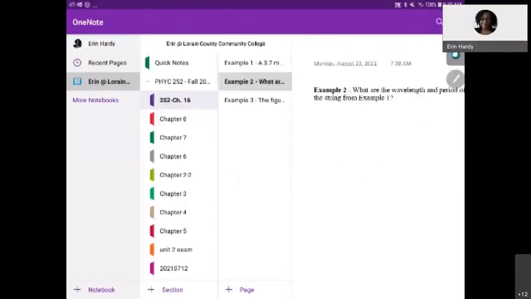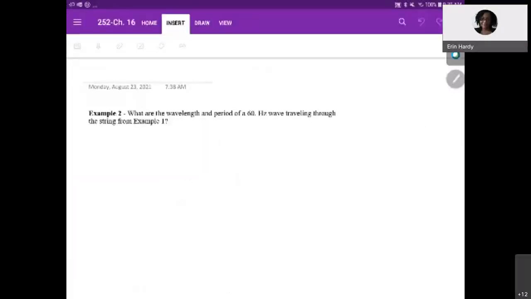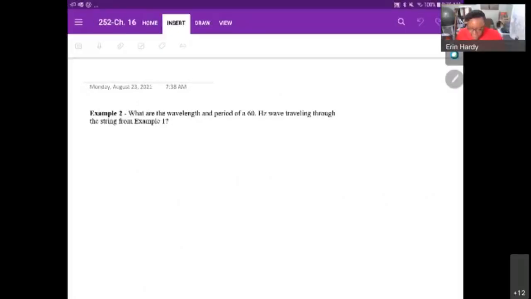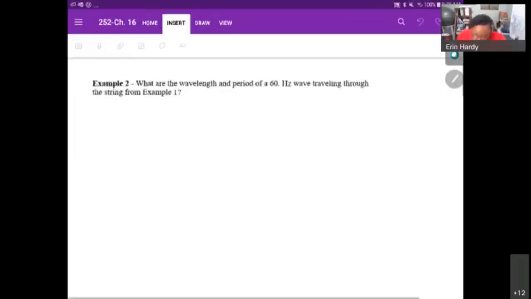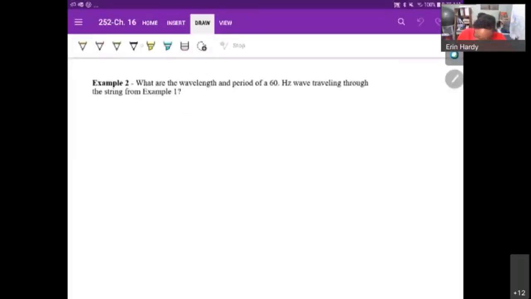So that was example 1. Here's example 2. What are the wavelength and period of a 60 hertz wave traveling through the string from example 1? I'm going to start with the period. We know that period and frequency are reciprocals. So if we know what f is, 1 over that value is going to be the period.